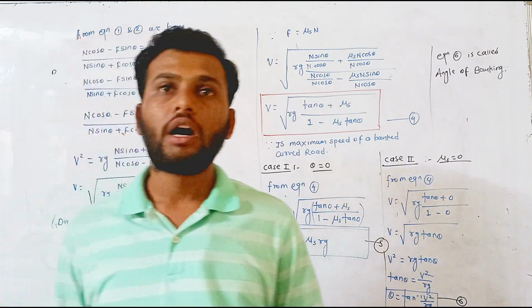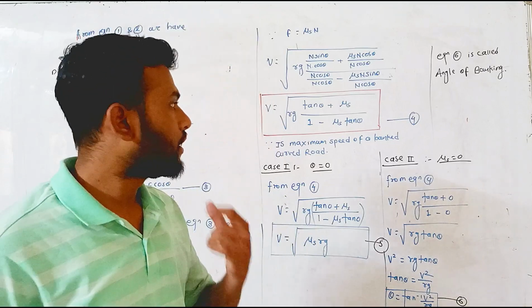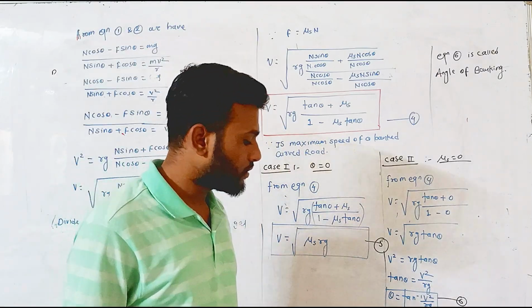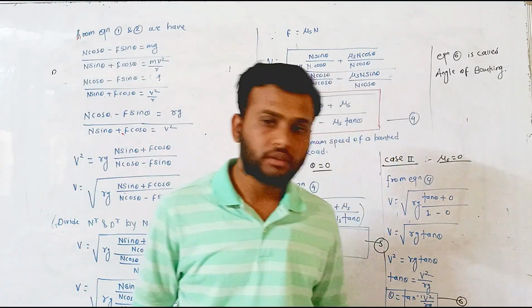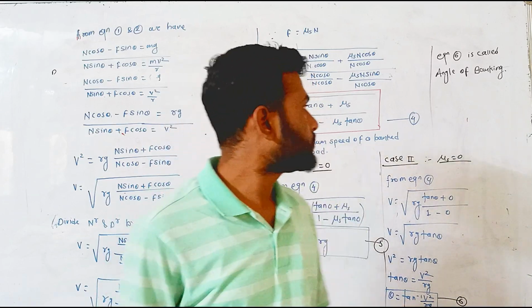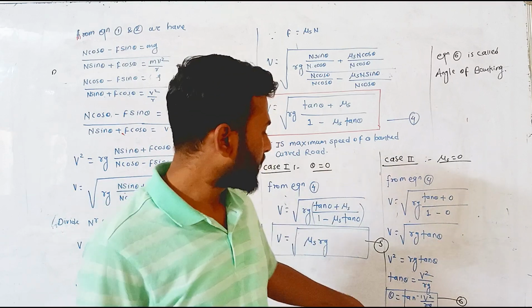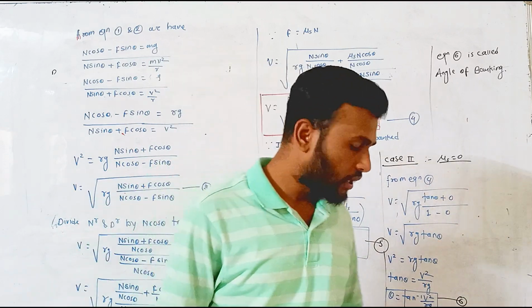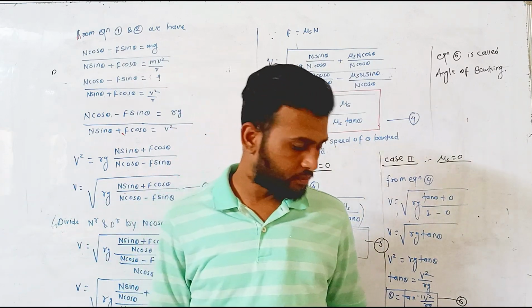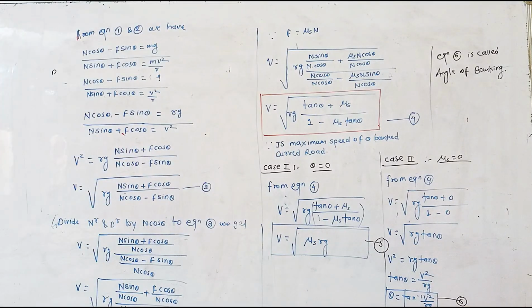After solving this, we got banking angle theta equal to tan inverse v square upon rg. So in this video we discussed the angle of banking and found the banking angle. Okay, thank you.